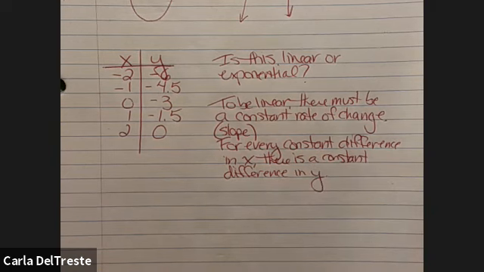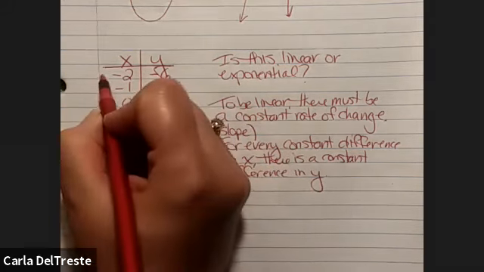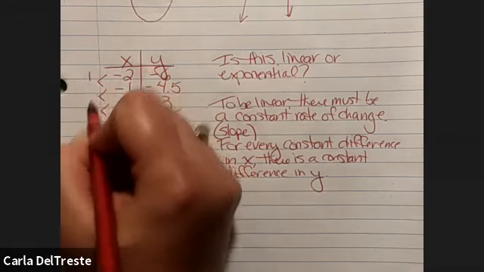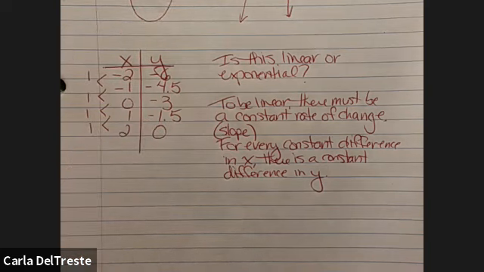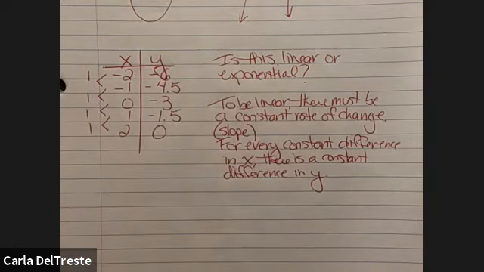That's what we're looking for. So I'm going to give you a shortcut for how to do that in a table. First, look at how your x is changing. In this example, your x is always changing by ones. Well, that makes it a little bit easier because my x is a constant change. I just need to make sure my y is also a constant change.